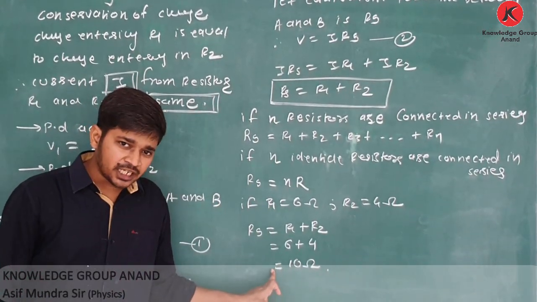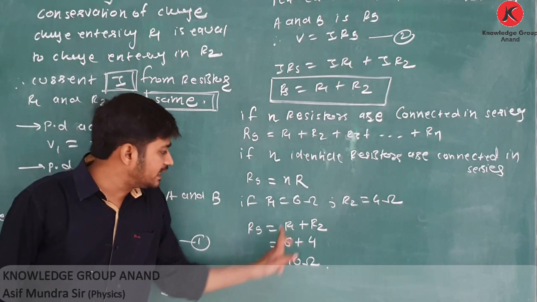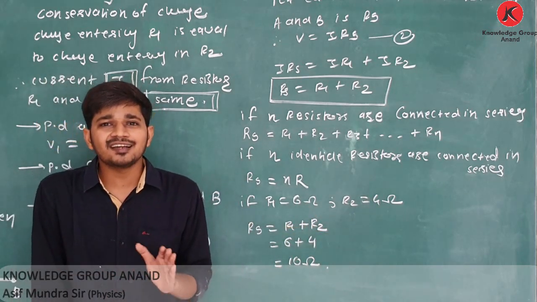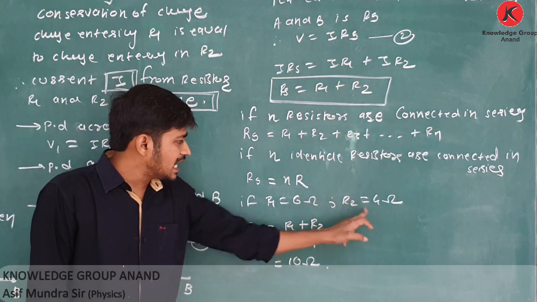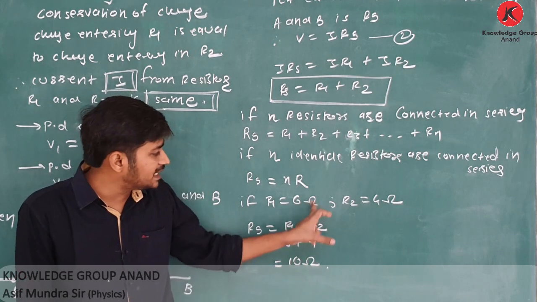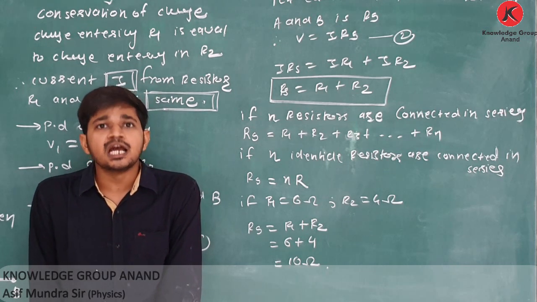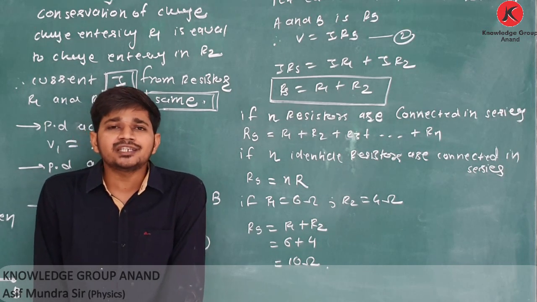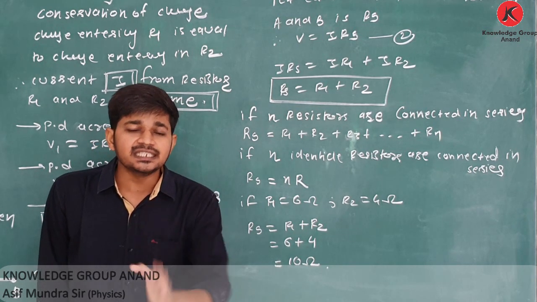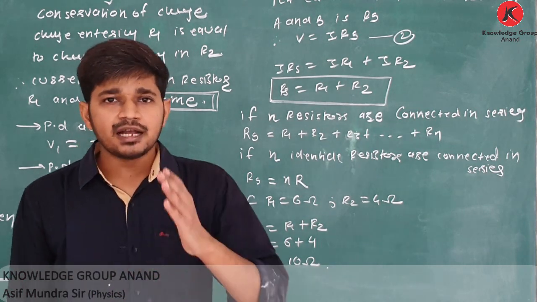In series connection, equivalent resistance is greater than the greatest among the combination. R1 is 6, R2 is 4. What is it in series connection? It is 10, greater than the greatest among the combination. So, when you want more resistance, maximum resistance, connect resistors in series. Clear about this? So that is series connection of resistors.